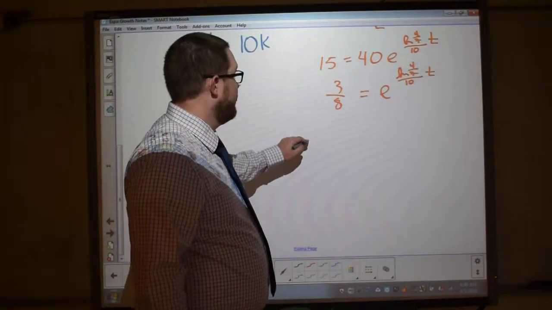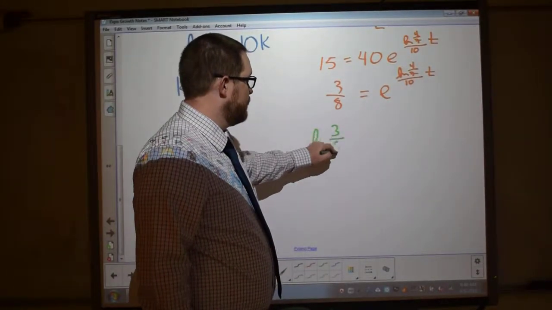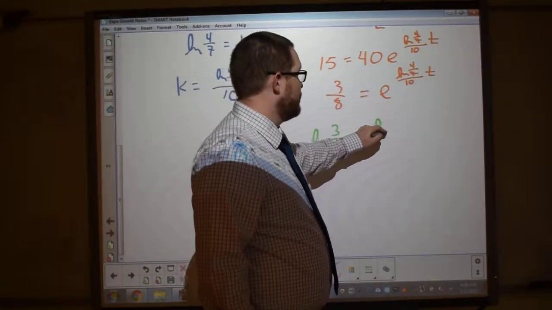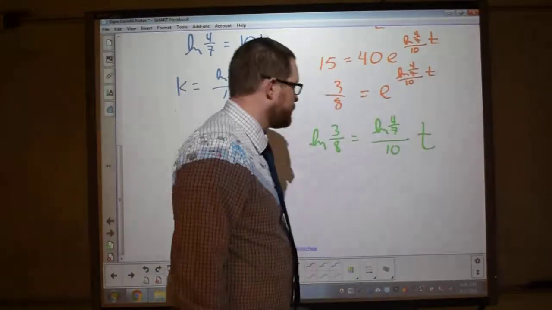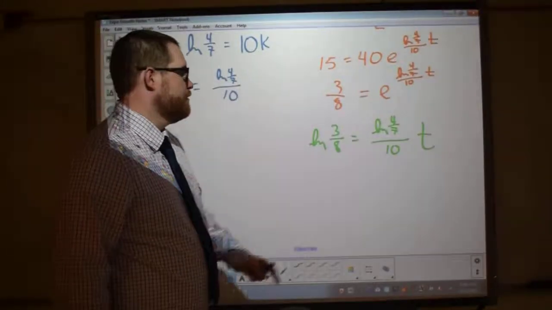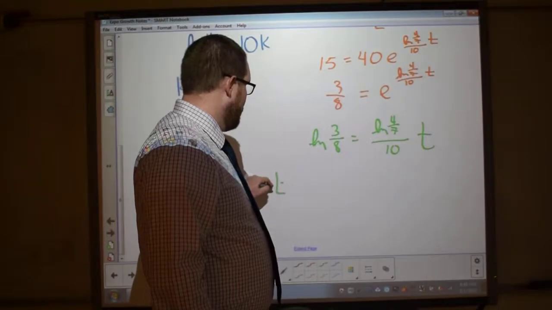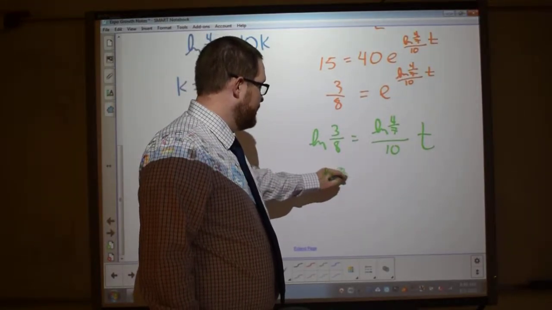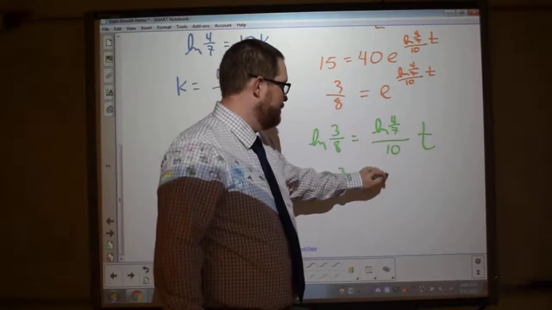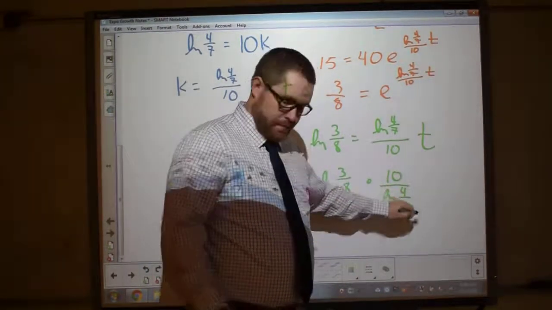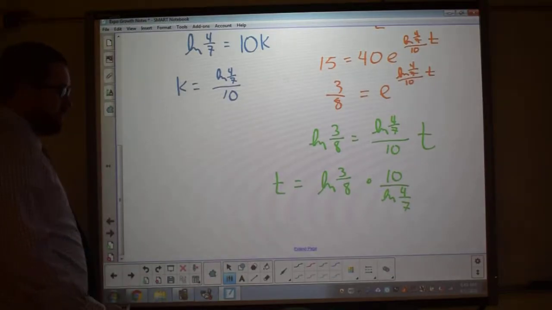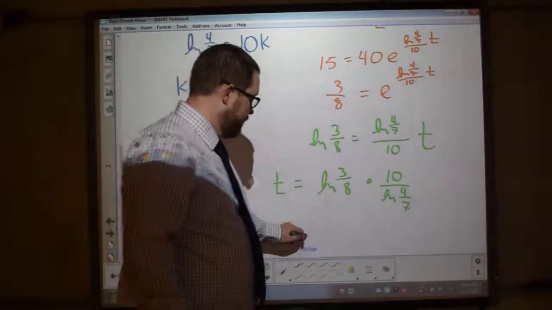So then we'll have natural log of 3/8 equals natural log of 4/7 over 10 t. Instead of dividing by a fraction, I'm going to multiply by the reciprocal, so natural log of 3/8 times 10 over natural log of 4/7. Again, you can type all that in the calculator, and you'll get an approximation.